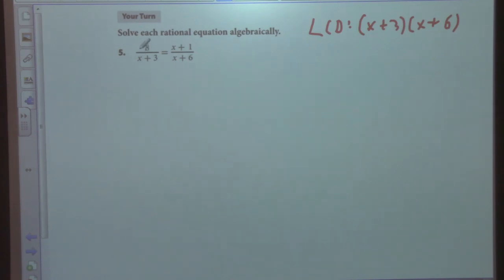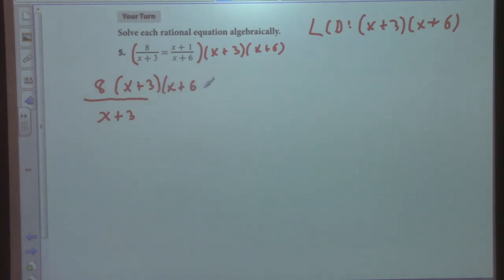So we're going to multiply this whole equation by x plus 3, x plus 6. When we do that, we get 8 over x plus 3, and we multiply that by x plus 3, x plus 6. And on the right side, we have x plus 1 over x plus 6, and what do we multiply that by?